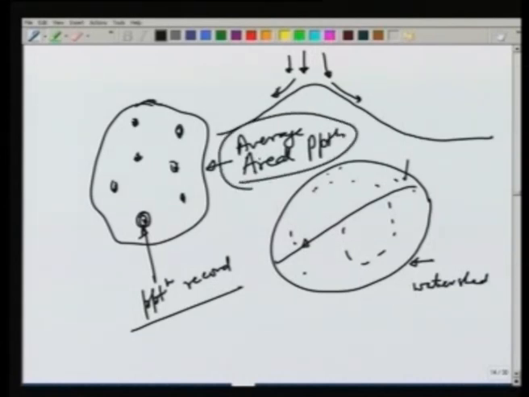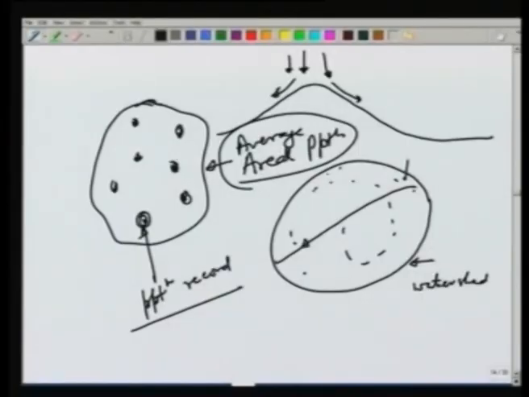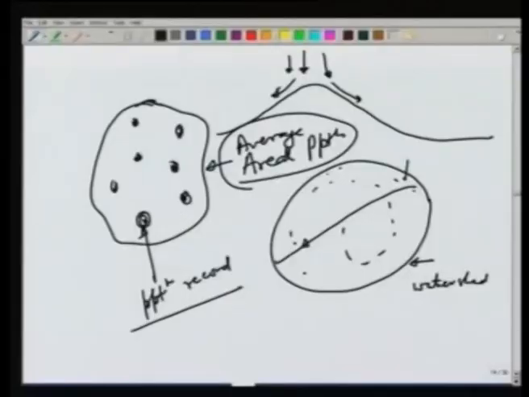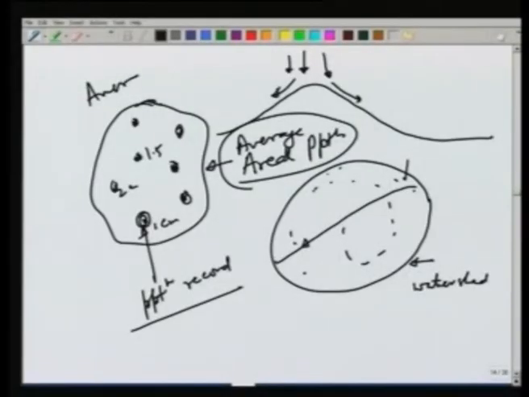So, the next step is how to transform these point values to represent an average depth over the entire area. For example, if this gauge collects 1 centimeter of rain, this collects 2 centimeters, this collects 1.5, then over the entire area what could be assumed as an average depth of precipitation.